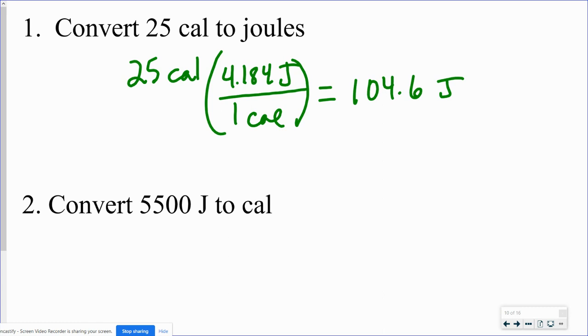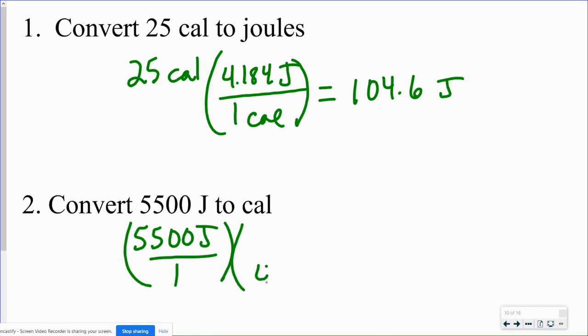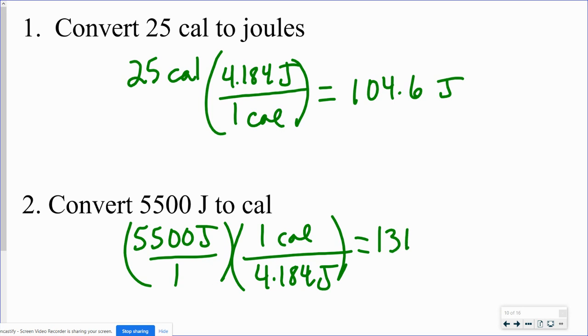Or if we were going backwards, converting 5,500 joules to calories, then we would say 4.184 joules is 1 calorie. So we would be dividing 5,500 by 4.184, and that would be 1,315 calories.